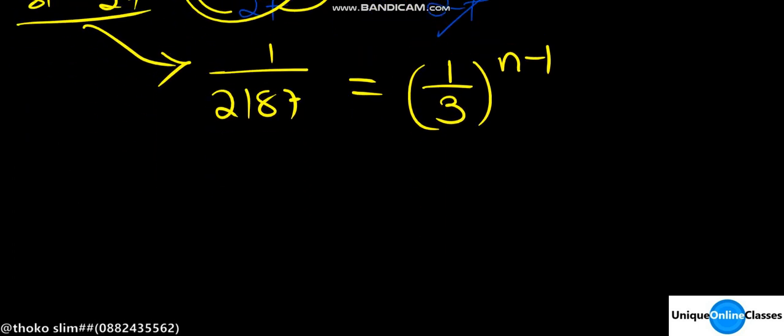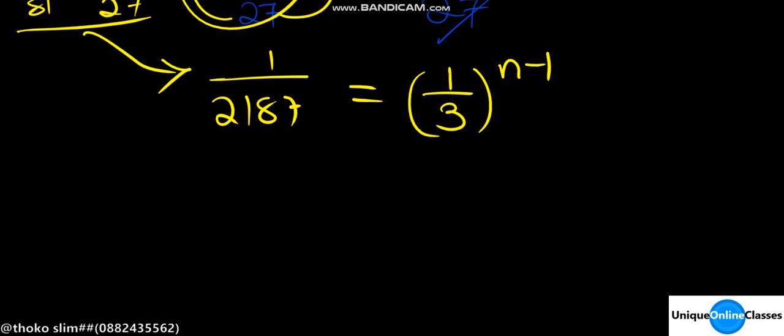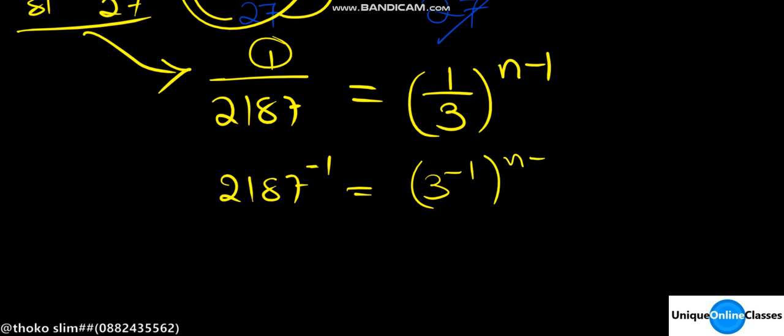So by laws of indices, we have 2187 raised to the power negative 1 on one side, and on the other side 3 raised to the power n minus 1.